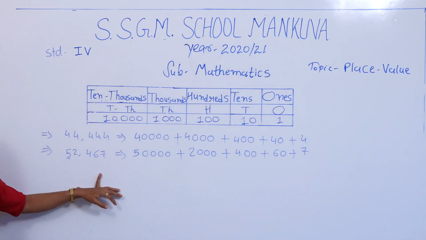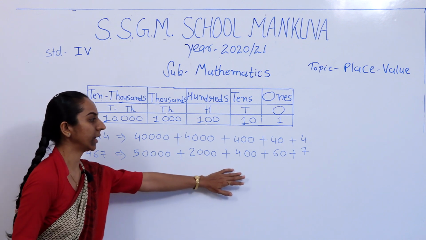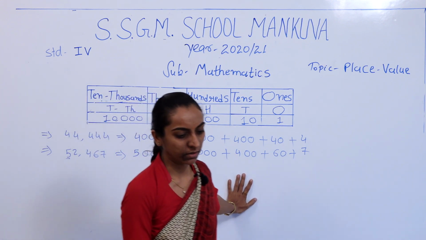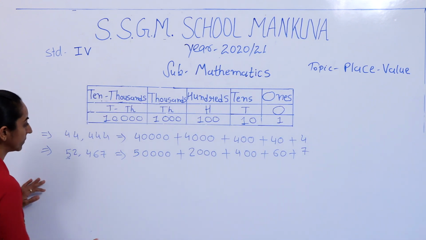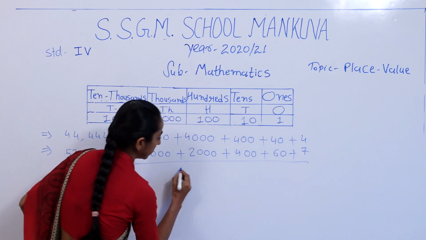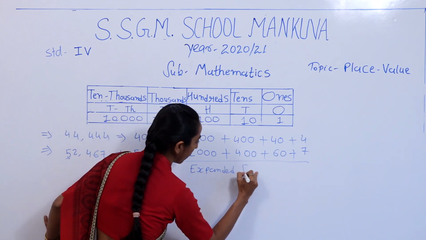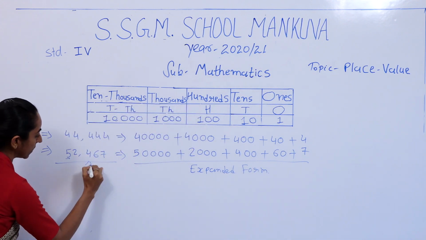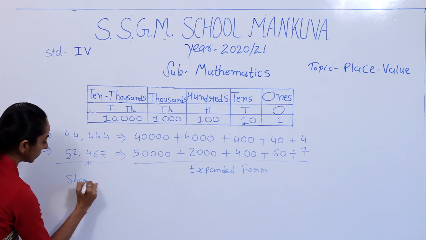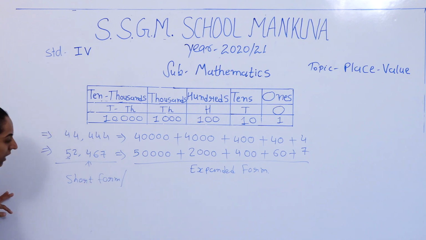This is the expanded form of 52,467. Okay. Now this is the expanded form, and this is called the short form or standard form.